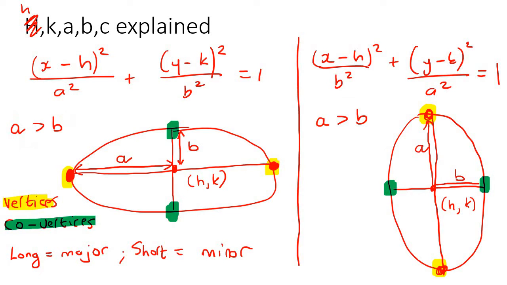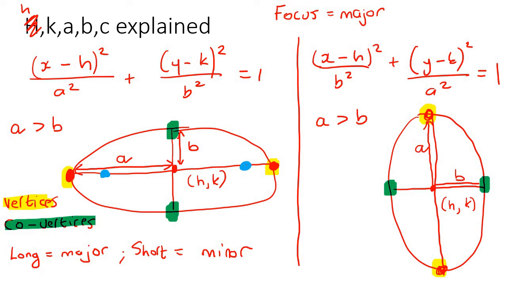Okay, that's important. The next thing we're going to talk about is something called the focus. For an ellipse, the focus is always going to be on the major axis, and it's always going to be somewhere between the center and the vertex. So it's going to be somewhere over there, for example, and then there'll be one on the other side as well.